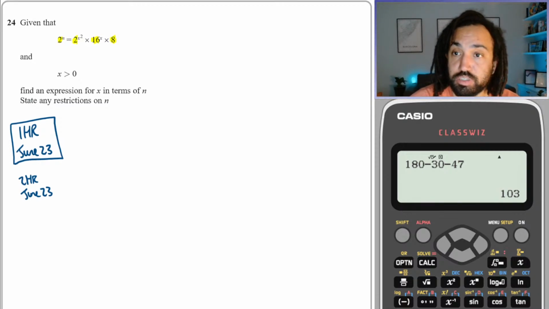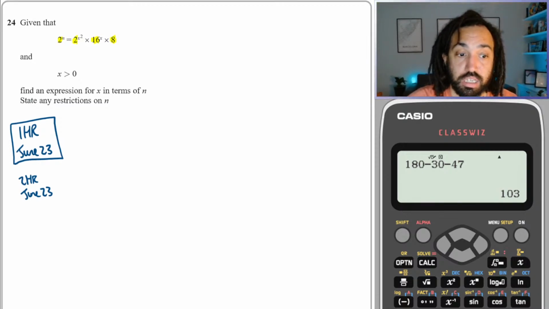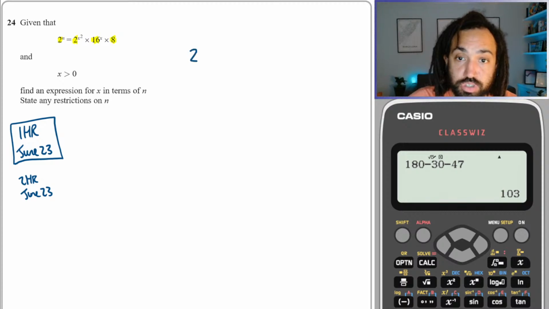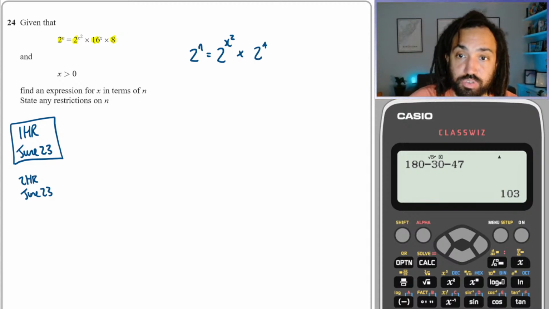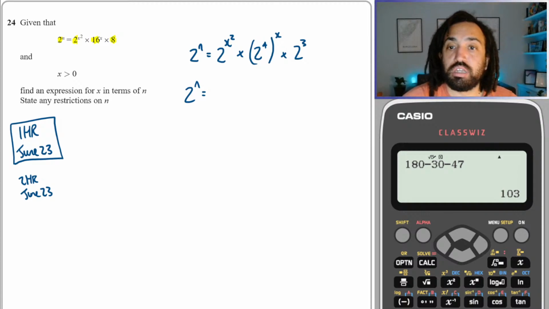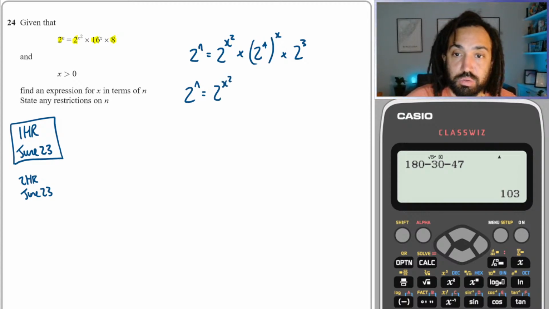Okay, so for this one, we need to write 2^n is equal to 2^(x squared) multiplied by 2^4, which is 16^x, multiplied by 2^3, which is 8. So this gives me 2^(x squared) times 2^(4x) times 2^3.